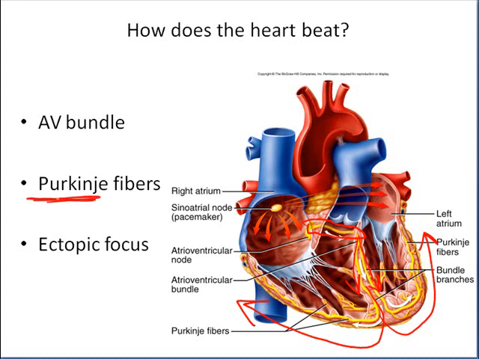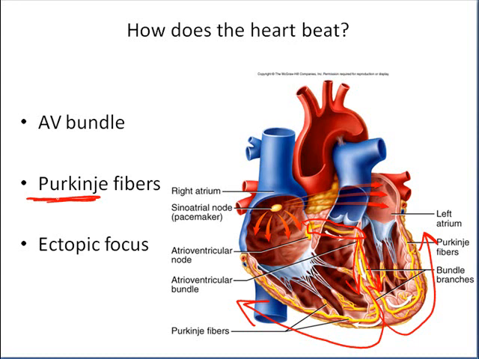And these structures altogether help to spread out the signal to contract along all of the ventricular surface simultaneously so that we get a good coordinated contraction of the ventricles exactly when we need them to contract.